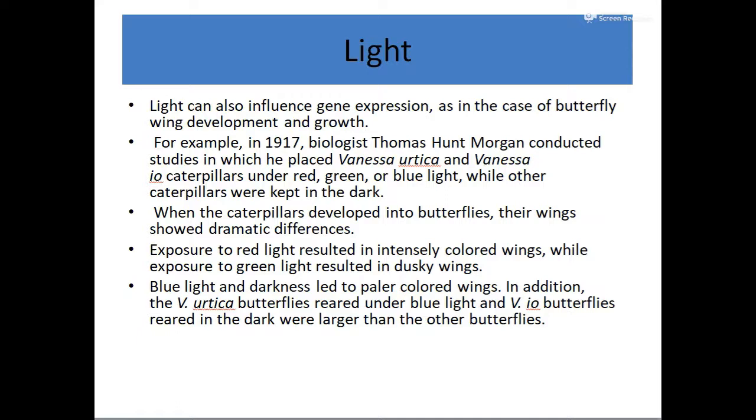So the growth as well as the wing development and coloration is influenced by light also. It is not the same for everyone, but to some level, in certain organisms, light is found to influence gene expression.